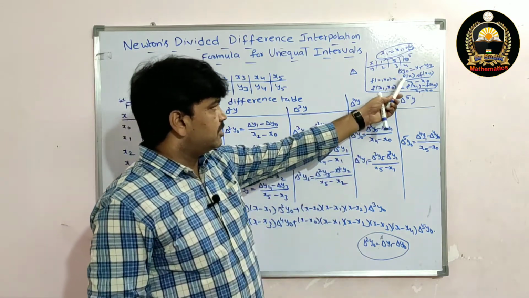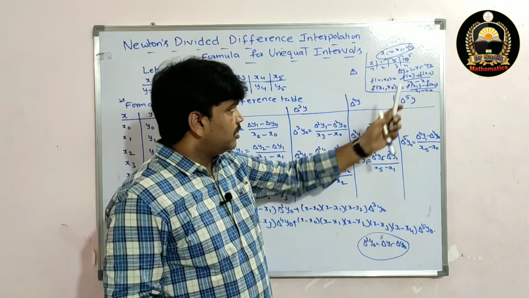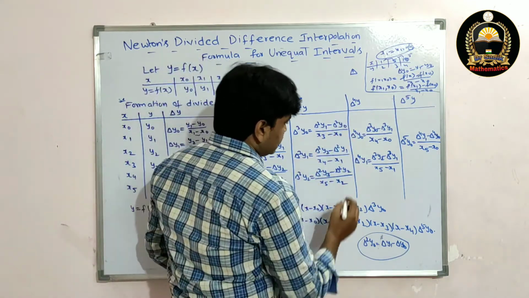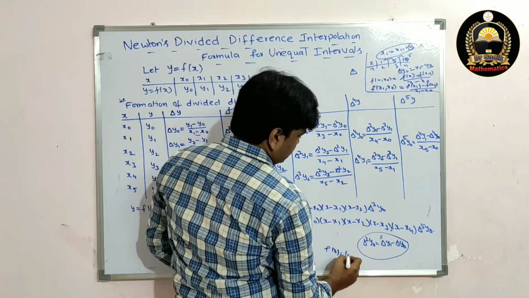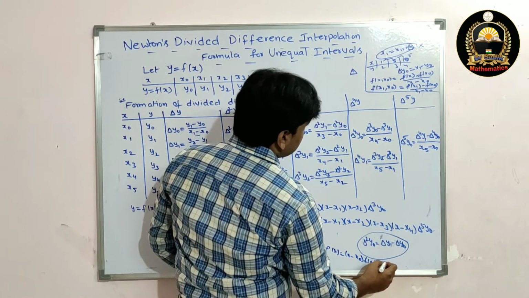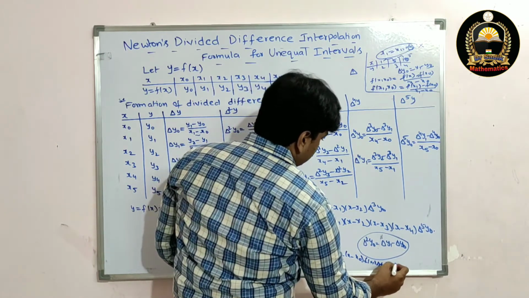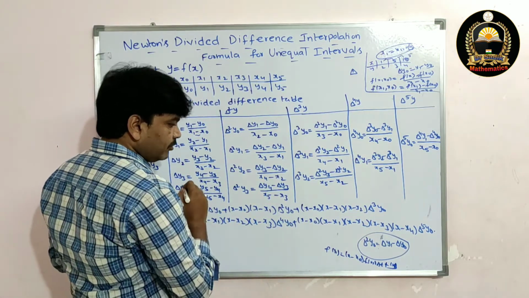Simply here, see students, f of x equals, cross multiply, x minus x naught into f of x comma x naught plus f of x naught. Here write f of x naught plus f of x minus x naught into del y naught.